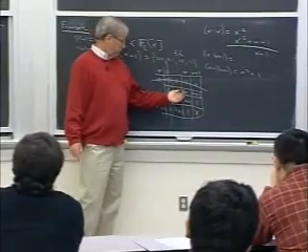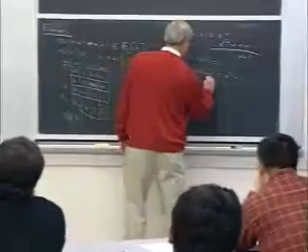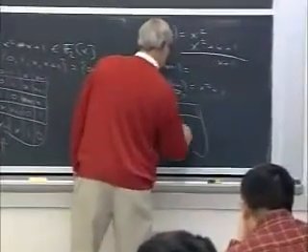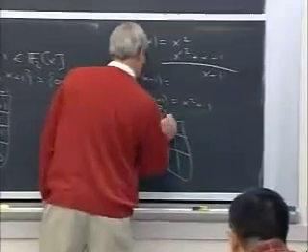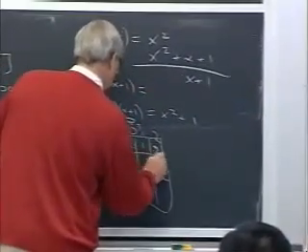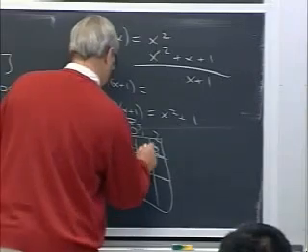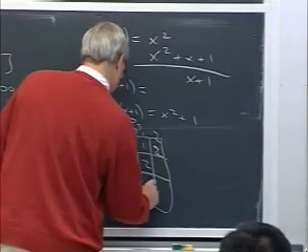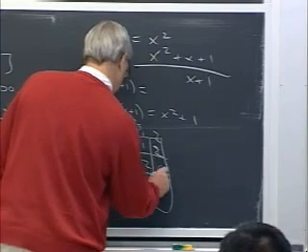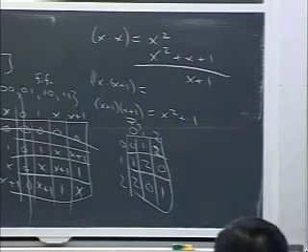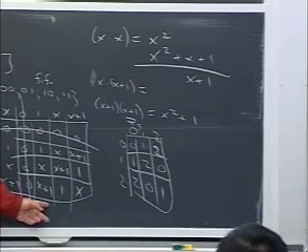Let's remember what Z3 looks like under addition. This looks like 0, 1, 2, 0, 1, 2, 0, 1, 2, 0, 1, 2. It's mod 3. 1 plus 1 is 2. 1 plus 2 is 3, which is 0. 2 plus 2 equals 1. So, gee whiz.